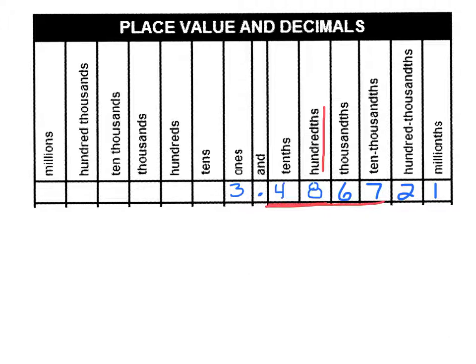Of course, it's not very often that someone is going to see this particular number, 3.486721, and call it that. They're probably just going to say, oh, it's the number 3.486721, instead of giving the actual place value name for this last one. But once again, I do think that's something that is important to be able to do if needed.